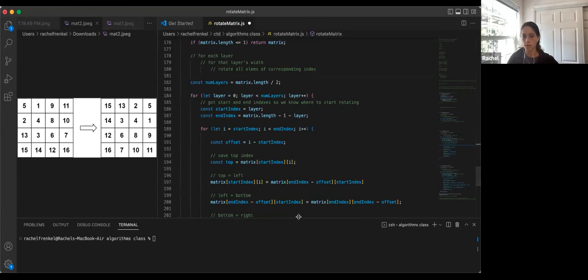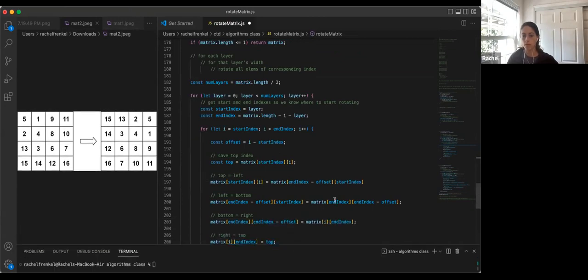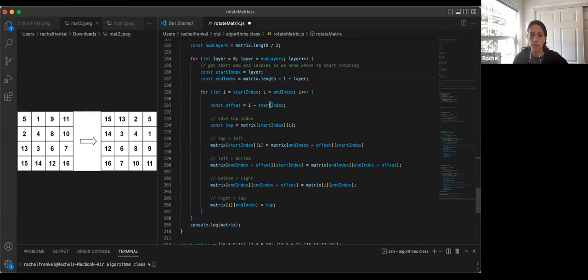Now let's go down here. Now we're just moving them around. We stay to the top index, and now the top index, which we already found here, is going to get the left index, which we'd already calculated here. The left is going to get the bottom, which we calculated here. The bottom is going to get the right, and now the right gets what we saved as the top.